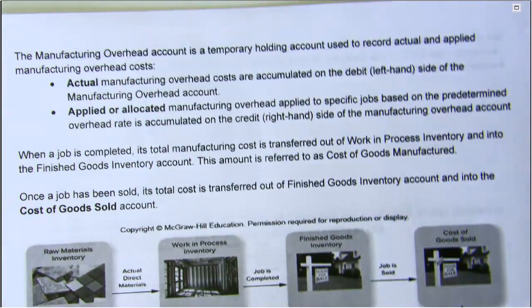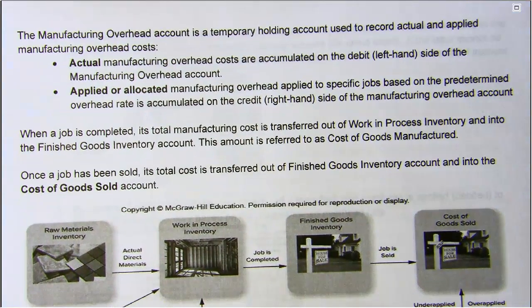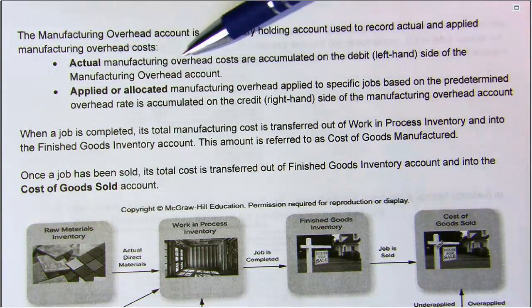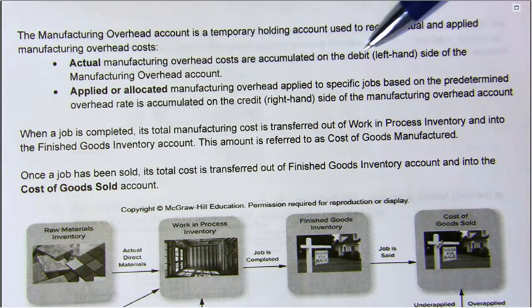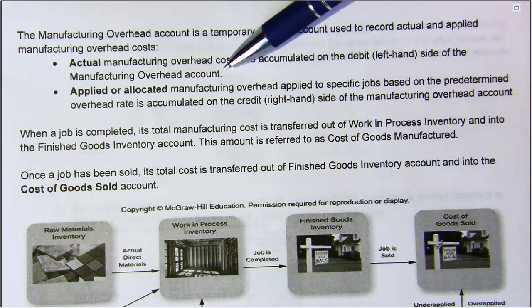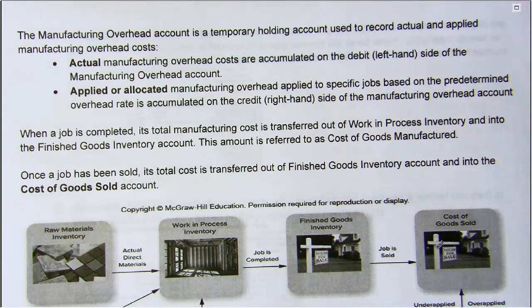Let's take a look at the manufacturing overhead account here. This is just a temporary holding account. And on the debit side, we record actual manufacturing overhead. Actual manufacturing overhead costs are accumulated on the debit or left side of the manufacturing overhead account. So when we record depreciation, we would debit manufacturing overhead instead of debiting an expense account.